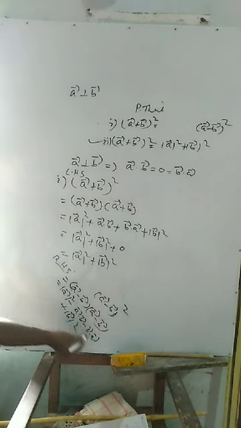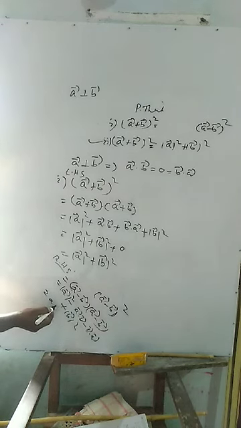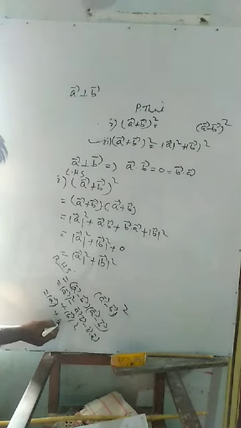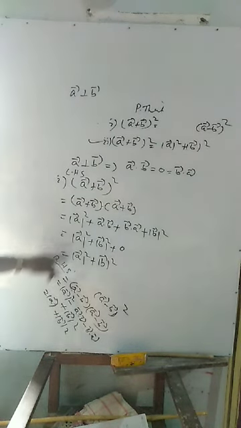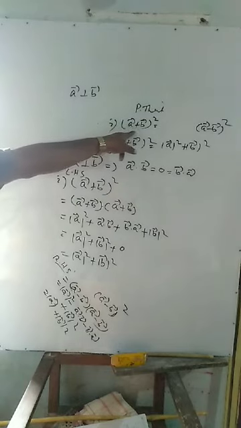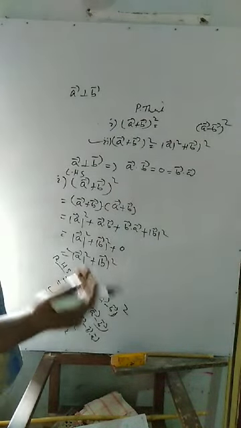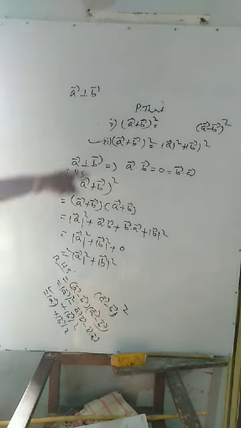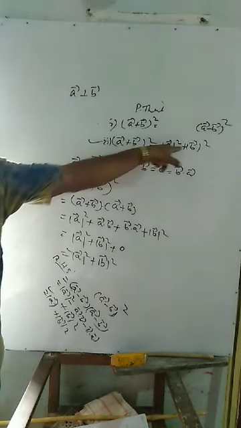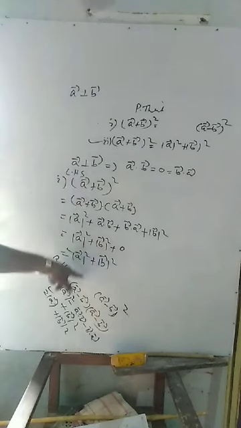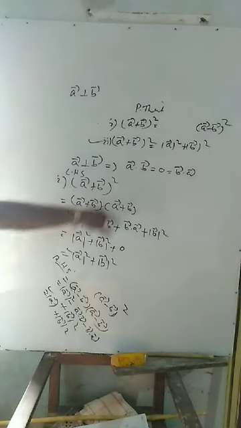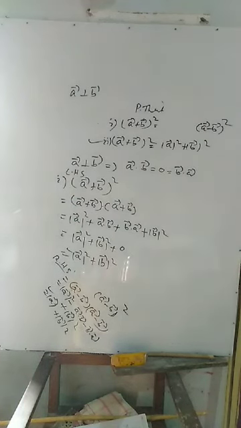Both cross terms are 0, so it remains a vector square plus b vector square. So we get (a plus b) whole square equal to (a minus b) whole square. These two are equal, therefore it is proved. Again the second one, (a plus b) whole square equals a square plus b square, is also proved from this. Okay, so this is completed.